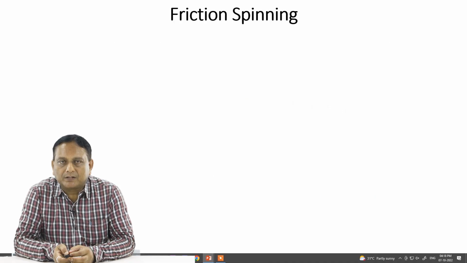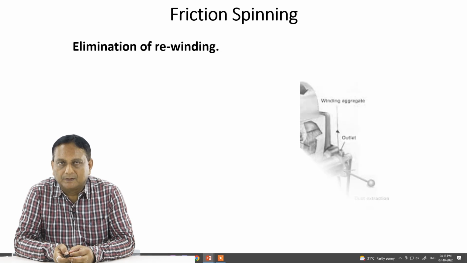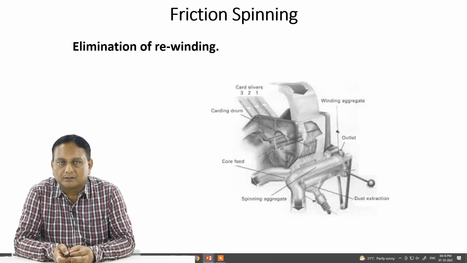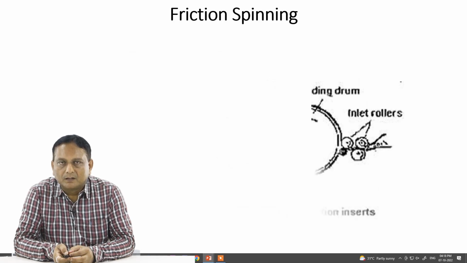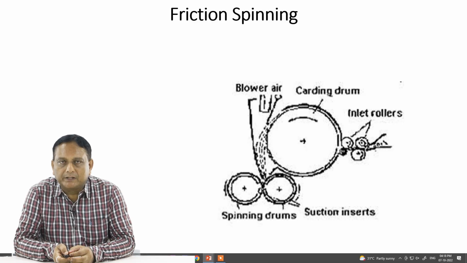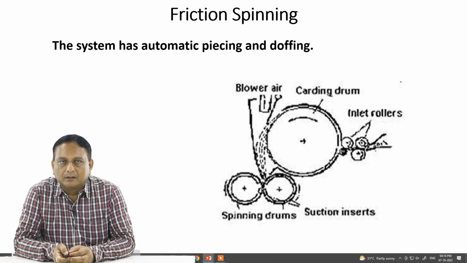So in this particular production unit, you can see the friction spinning, where elimination of rewinding is also another important feature. So the rewinding process is eliminated here. Now if you see again closely, the friction spinning system has automatic piecing and doffing arrangement. This is also another advantage of the friction spinning system.